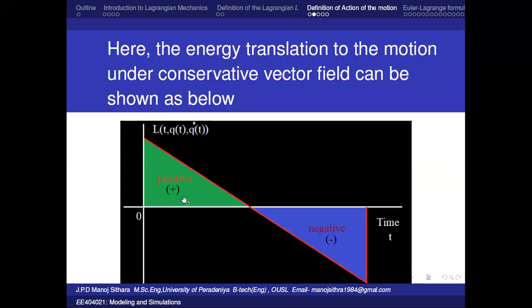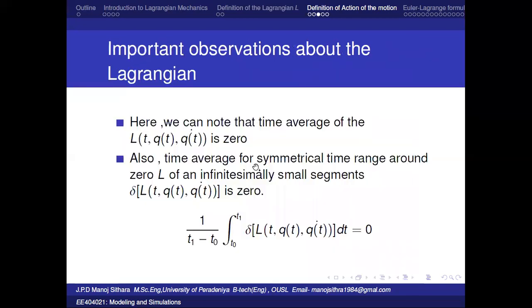So the Lagrangian in the motion considered under the conservative vector field will go positive to negative or negative to positive, and it's kind of a symmetrical function, right?